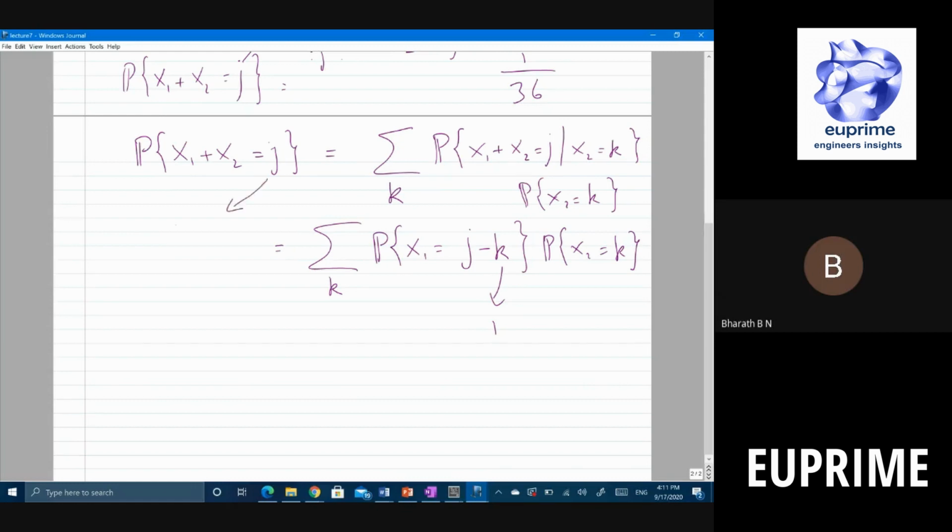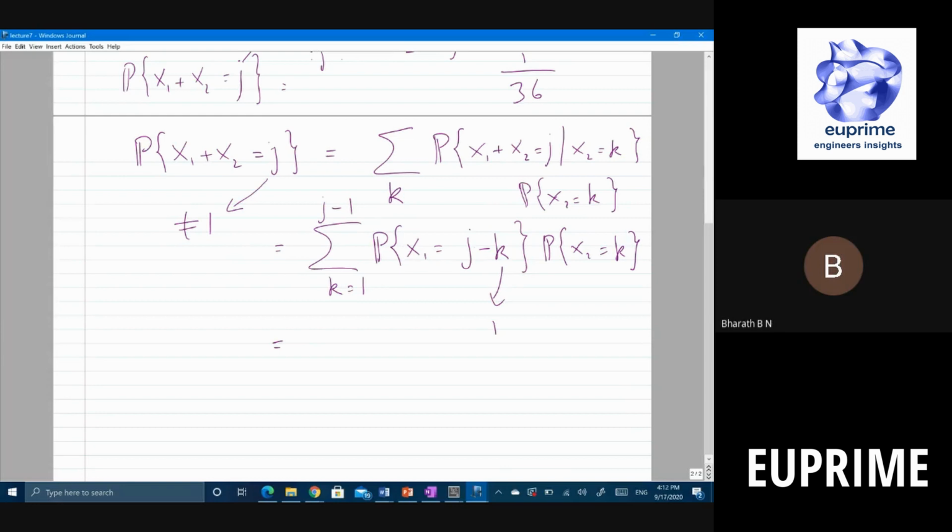j cannot be 1, okay? If it is 1, then the probability is 0. So j can go from 2 to something, and k can go from 1 to 1 less than j. Do you agree? Now, what is the probability of x1 equal to j minus k? Obviously, this is less than 6, right?